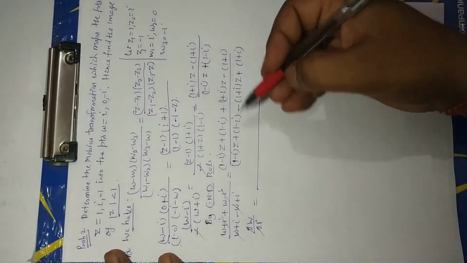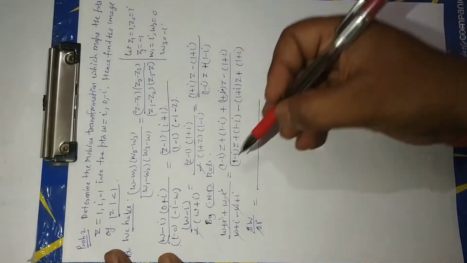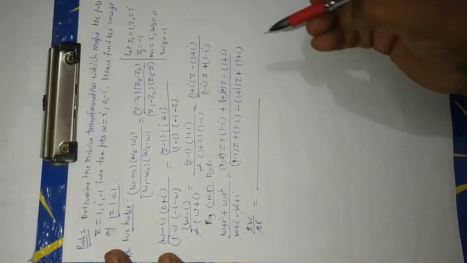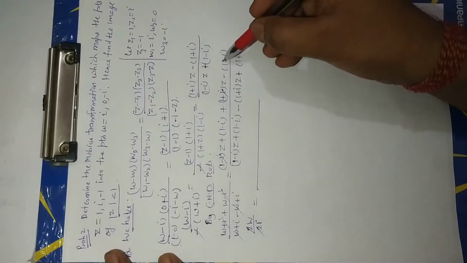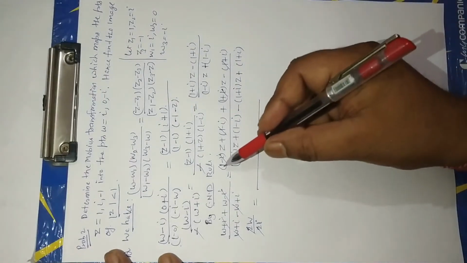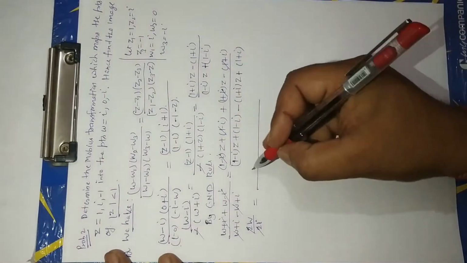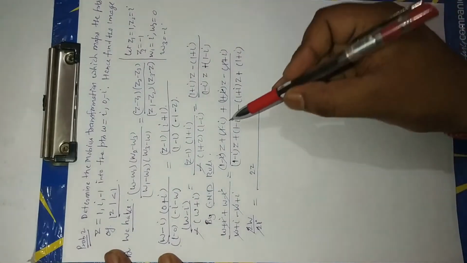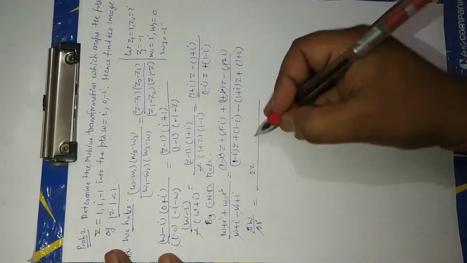Here we get iz cancels by iz and 1 cancels by 1. Now z plus z, that is 2z. Now minus i minus 2i.